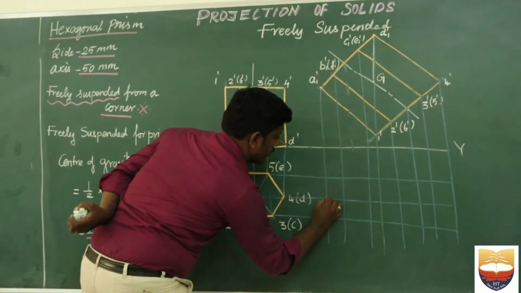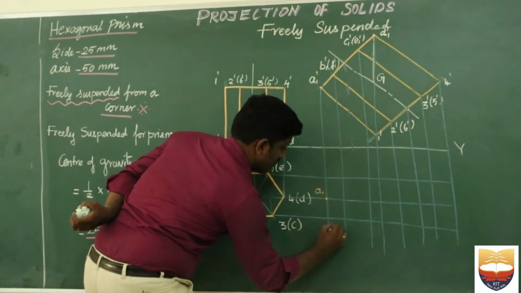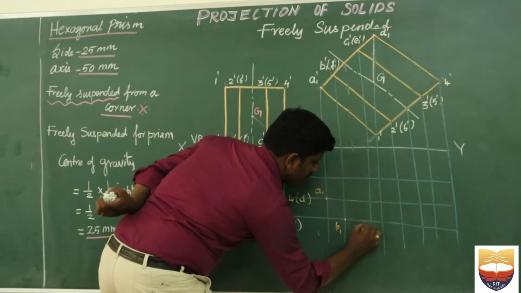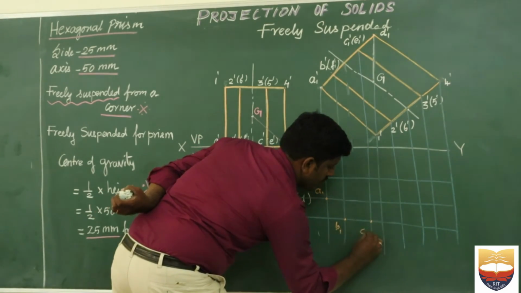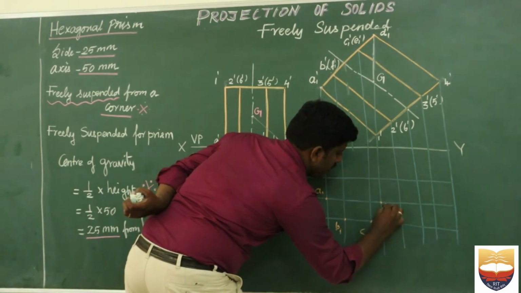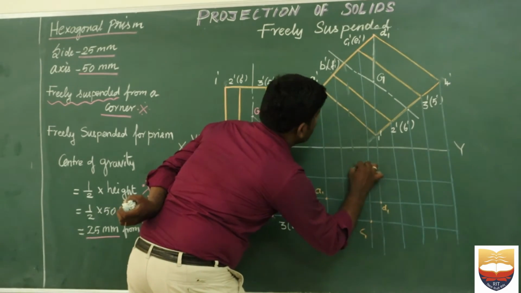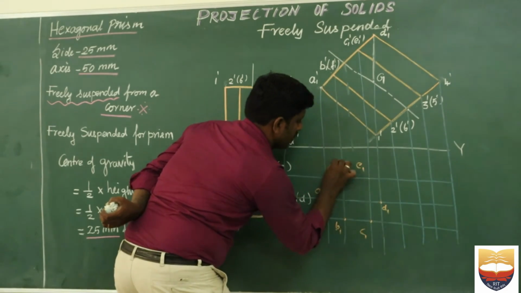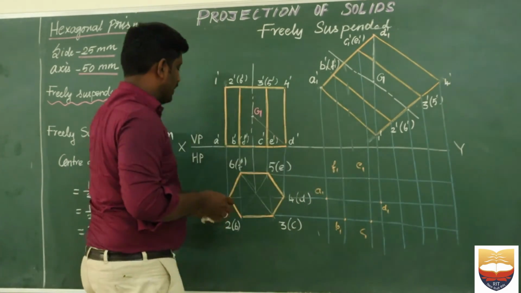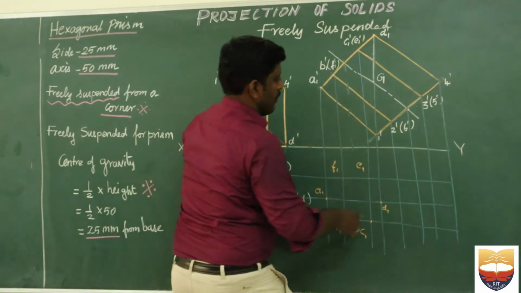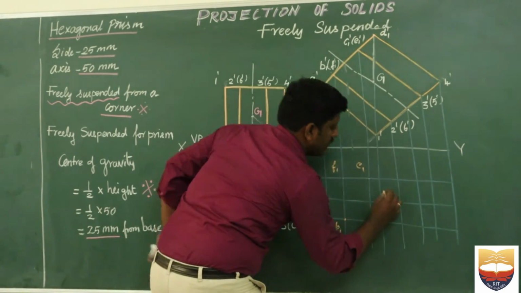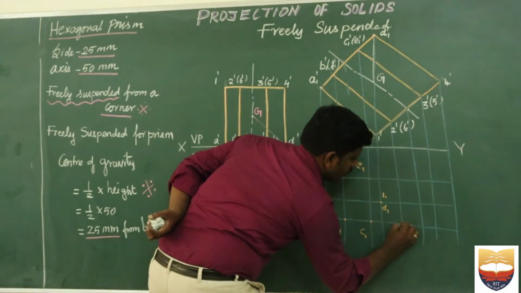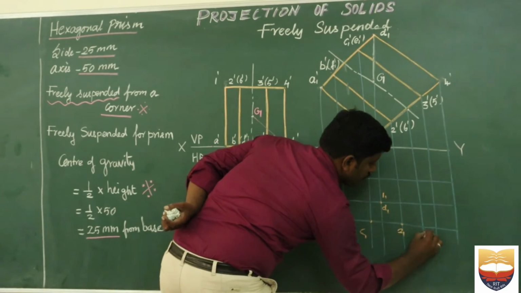So here I am having A1, so this is my B1, C1, so this is my E1, and finally this is my F1. And similarly, since here I am having D, the D and 1 is in the same point. This is 1, 1, this is 2, 1.